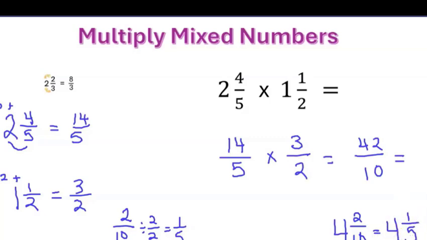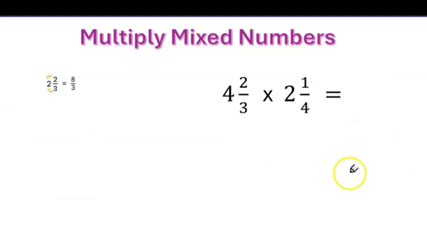One more example. It's a lot of steps, but just keep in mind, we're just doing the same thing over again. First, we want to convert these mixed numbers to improper fractions. So 4 2/3. I know my denominator is going to stay the same. I'm going to multiply. 3 times 4 is 12, and I'm going to add the 2, gives me 14.